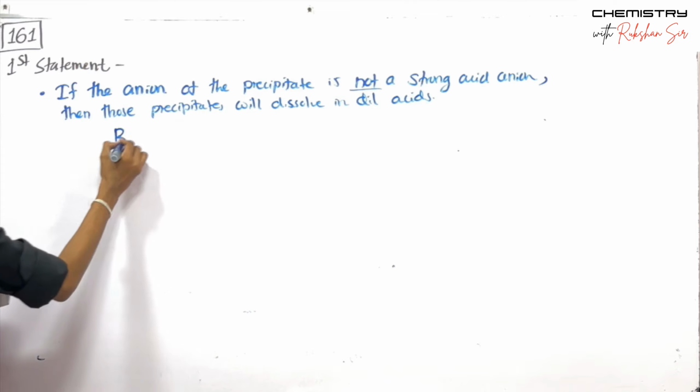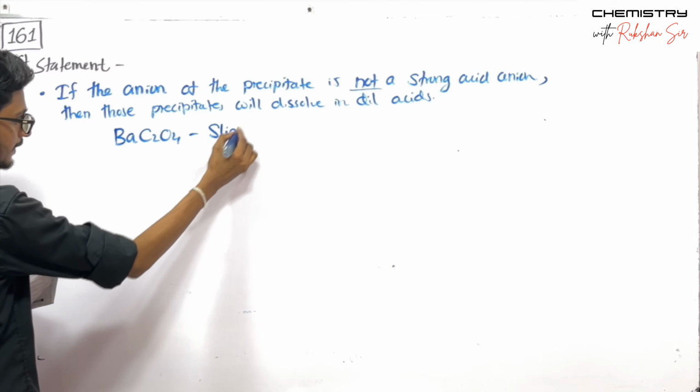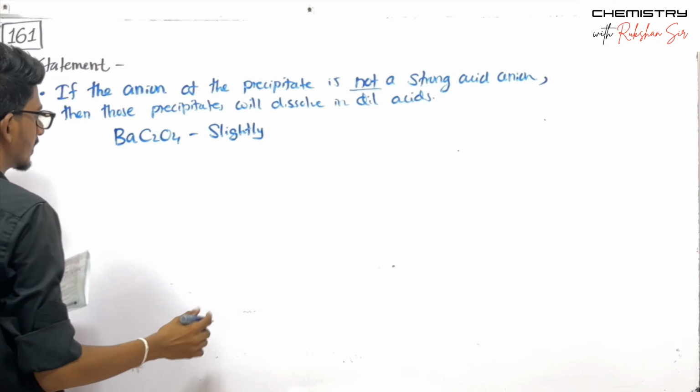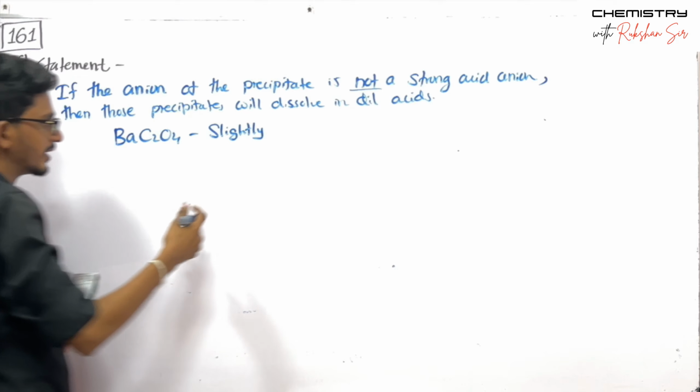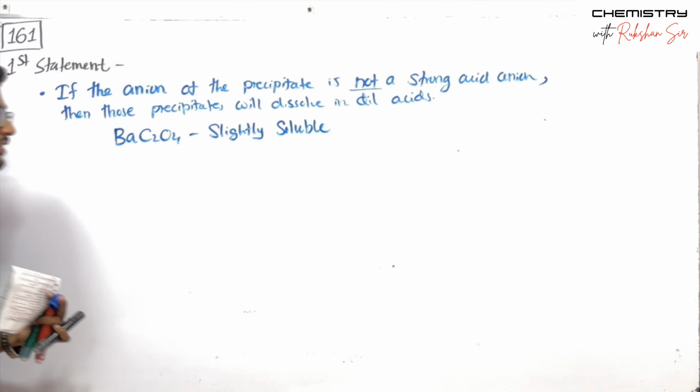Remember that barium C2O4 is slightly soluble, even not a precipitate. Anyway, it will completely dissolve in dilute acids.